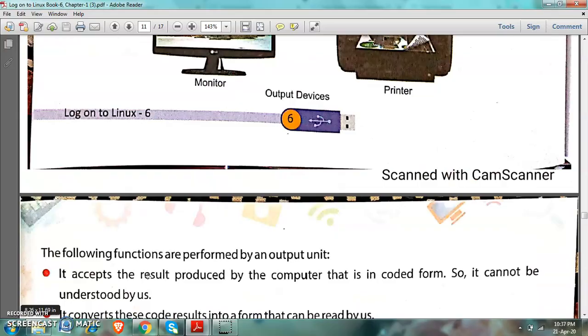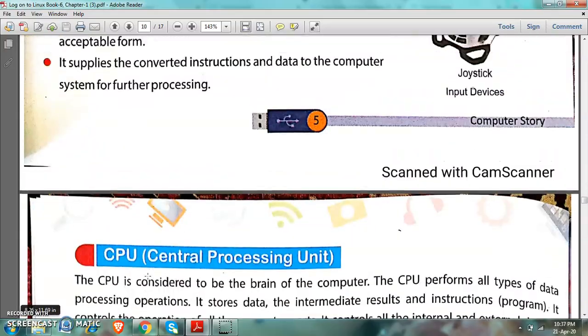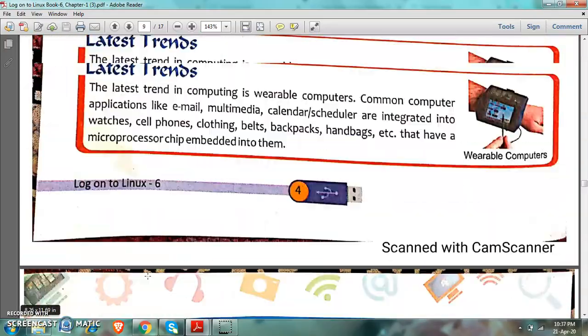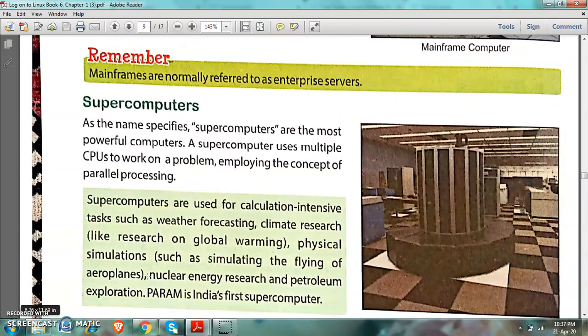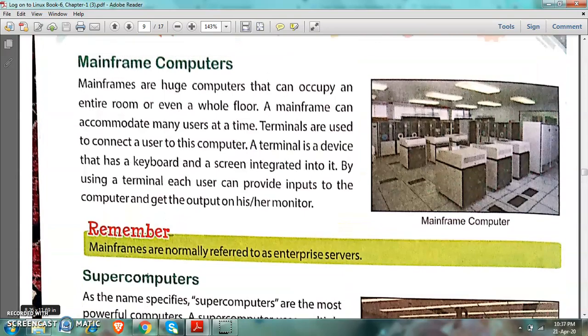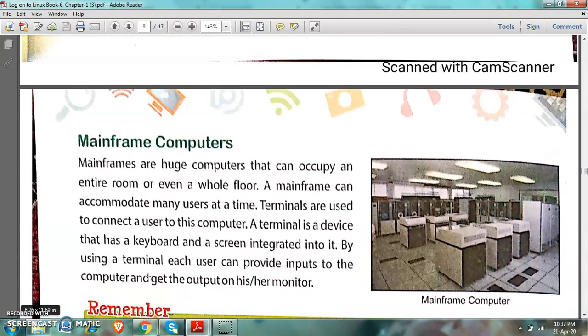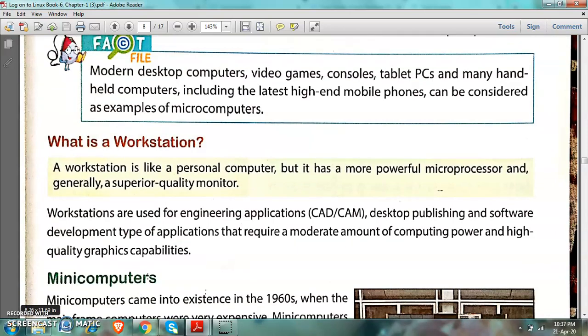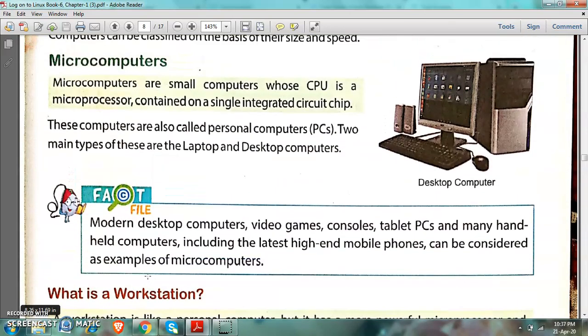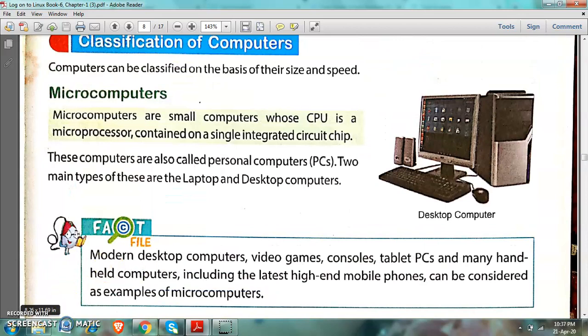So let's move to the microcomputer, and I will tell you how to pick the important definitions or important parts of the concept. Our question is microcomputer. You have to write about microcomputer.